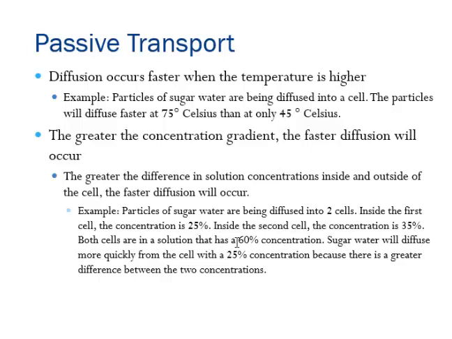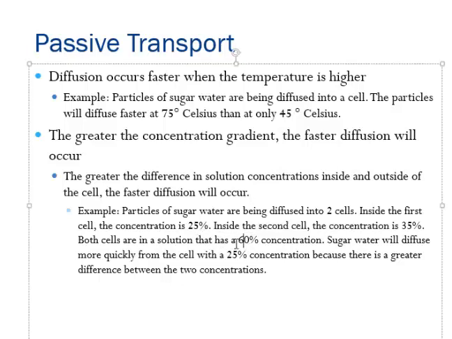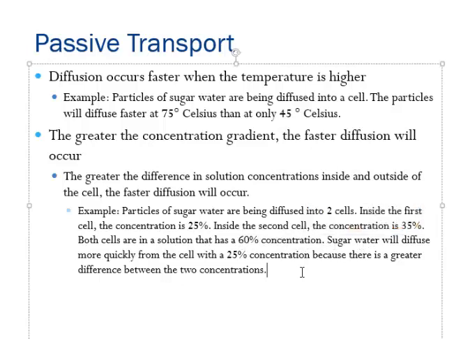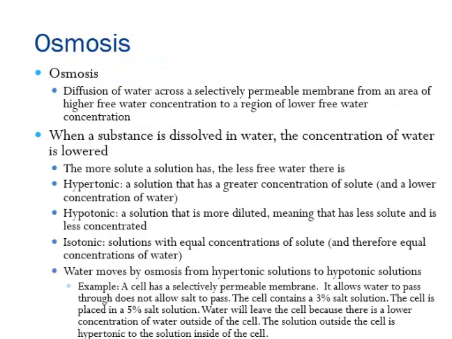So the gradient between the 60 and the first cell is 60 to 25, whereas the gradient between the solution and the second cell is 60 to 35, which means the sugar will move from the solution, which has the higher concentration, to the cells, but it will move faster to the 25% cell because the difference in concentration is greater than for the 35% cell.